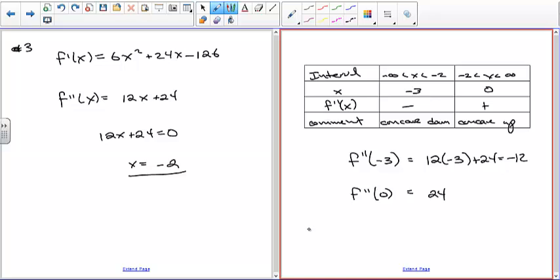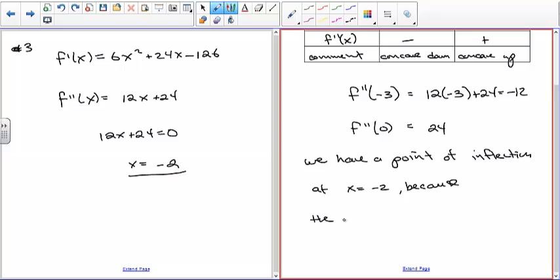So we can now say we have a point of inflection at x equals negative 2 because the function changes from concave down to concave up.